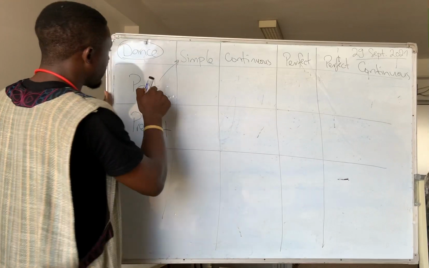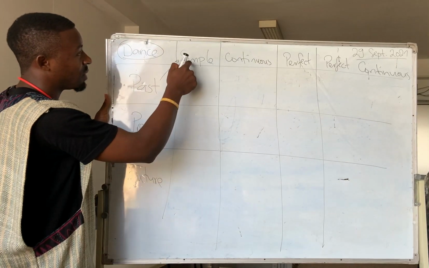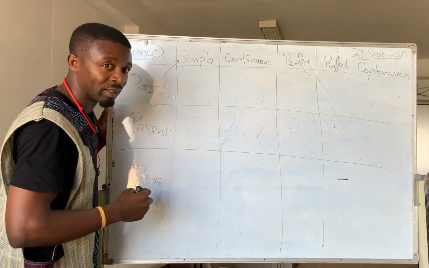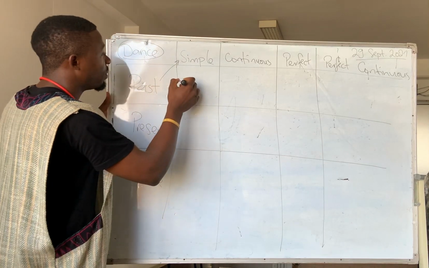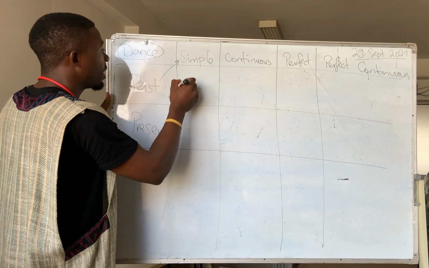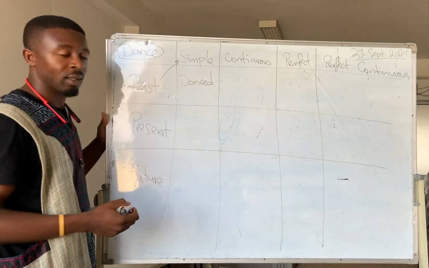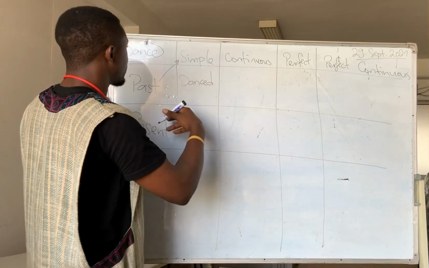So the past simple tense of the verb dance is going to be danced.